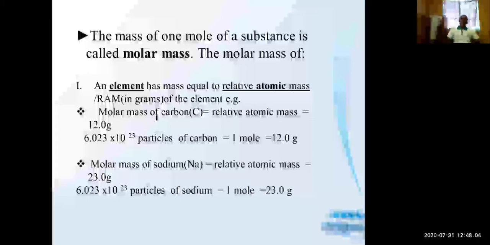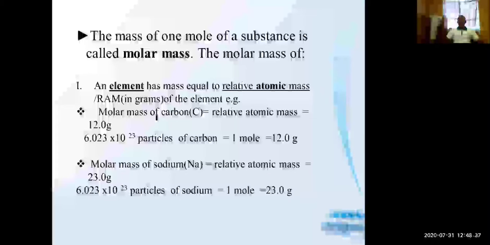So you should not confuse these two terms, relative atomic mass and atomic number. The relative atomic mass is equal to the molar mass of that element, like the molar mass of carbon, which is 12, equal to the relative atomic mass of carbon.